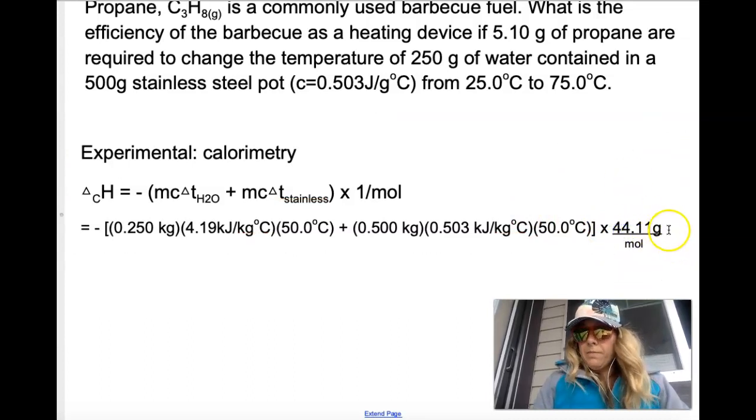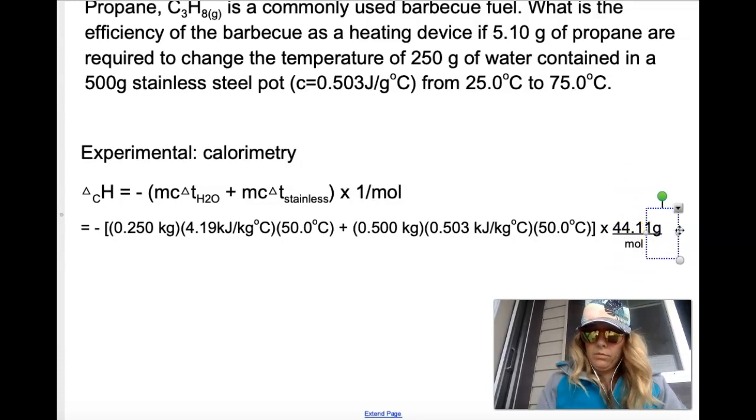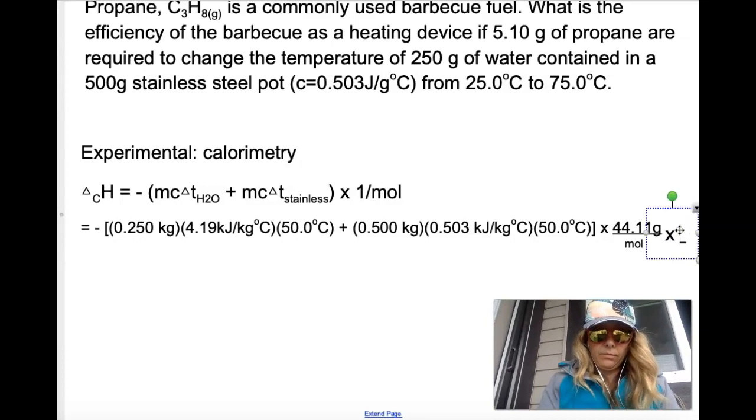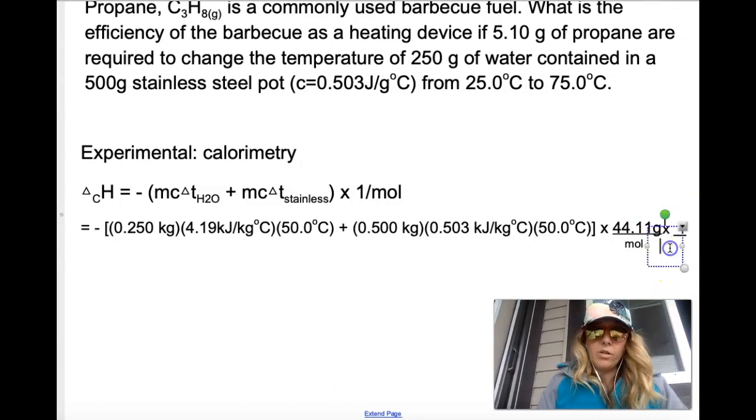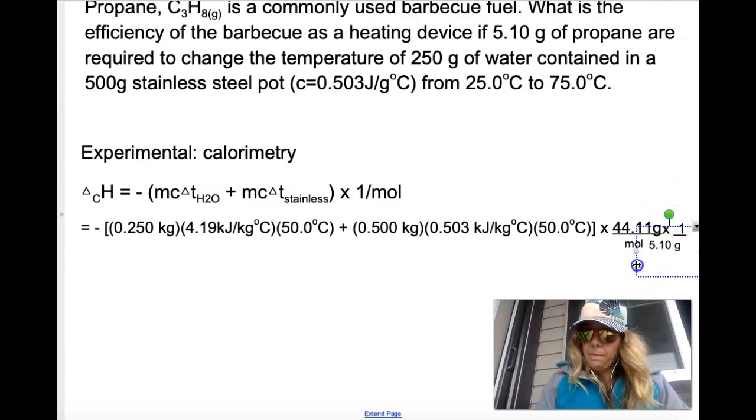And then to get rid of grams, we are going to times by 1. I'm going to mess around with my font size again. This is where I wish the screen was just a hint bigger. 18. Get rid of the space. We'll make this work. There we go. So times 1 over, and then we're going to put the mass down here on the bottom, which was 5.10 grams. Squeeze that over as much as I can.